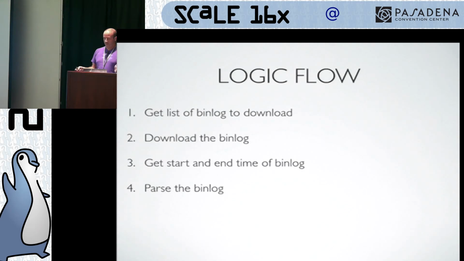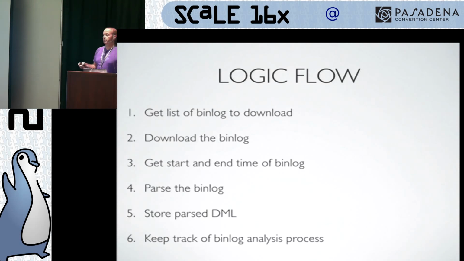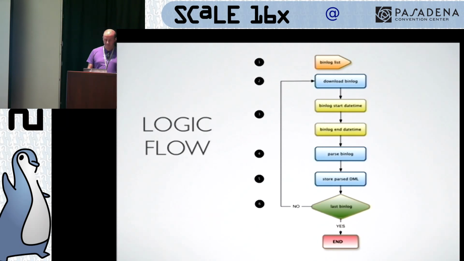Then you parse it. Then you store the parsed DML. And then you keep track of the binlog being processed so that you can rerun it every day, certain hours. So it's pretty simple, nothing complicated. Download binlogs, get the start, parse it, store, last binlog, yes or no, go back, and it rotates.